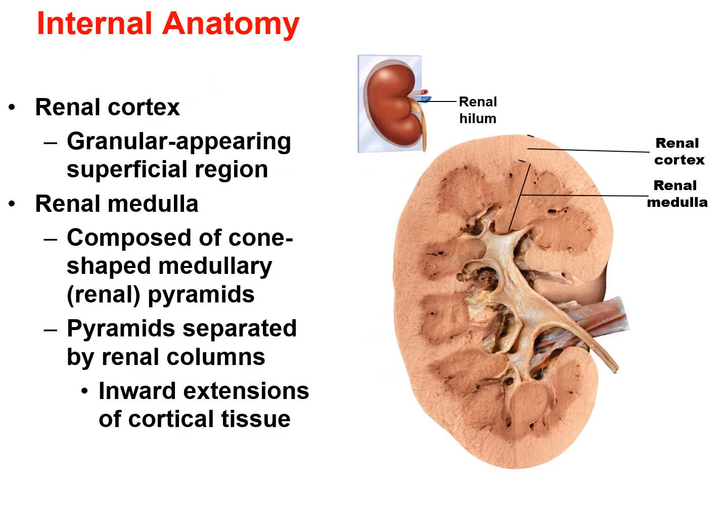So let's look at some of the internal anatomy of the kidney. So here is a human kidney. It has been cut along its frontal plane. So you're looking at a frontal section through a kidney. And we do have some very distinct structures. The first structure that you should know about is your renal cortex.